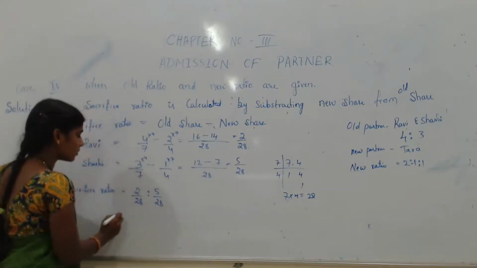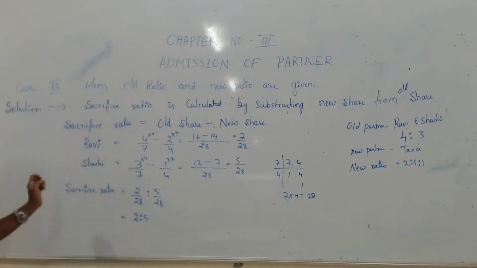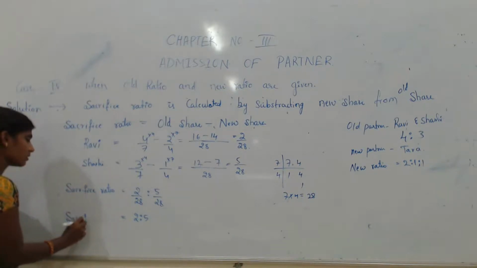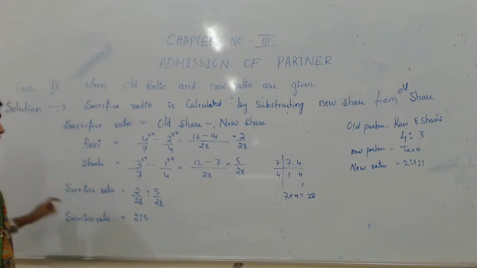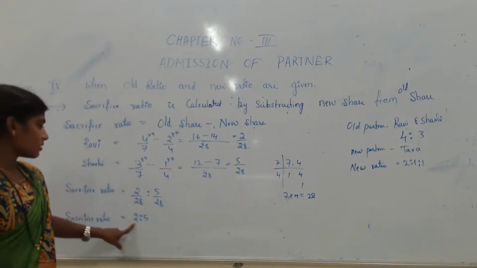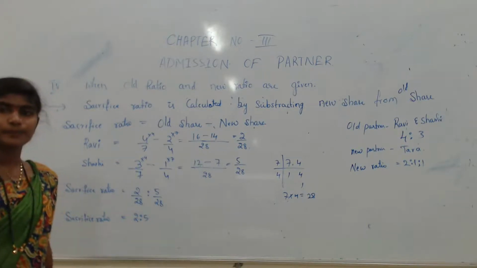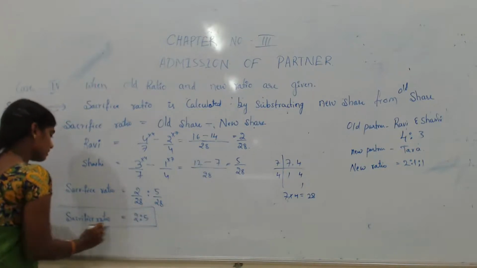The bases are common now, so 2:5 is the sacrifice ratio. Ravi sacrificed 2 parts and Shashi sacrificed 5 parts. This is the answer.